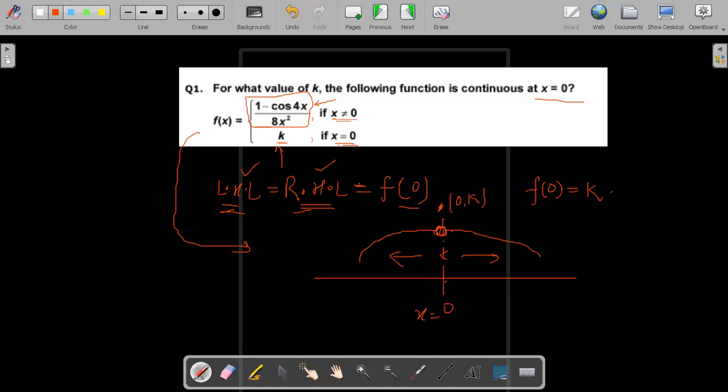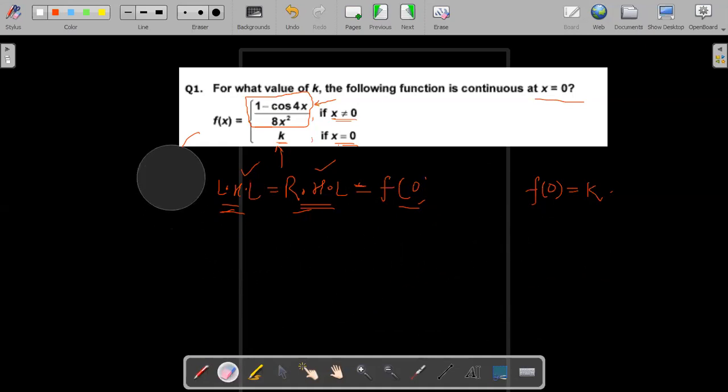If it is equal, that means the value of k lies on the curve, so we can call this a continuous graph.